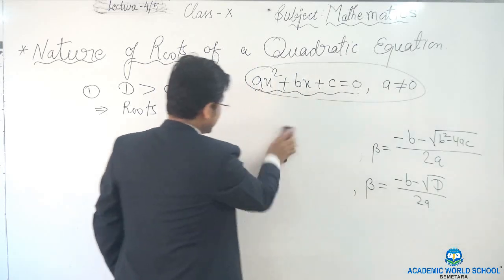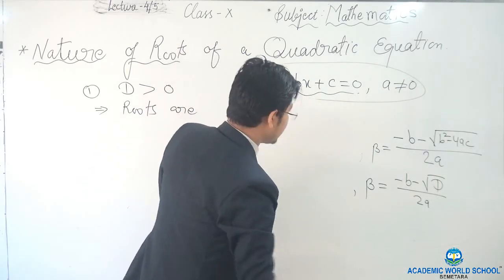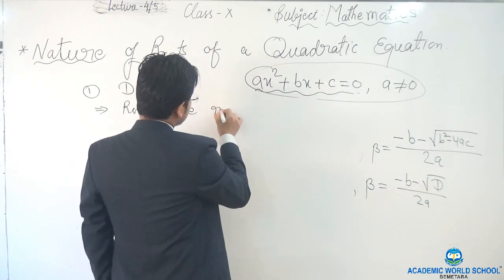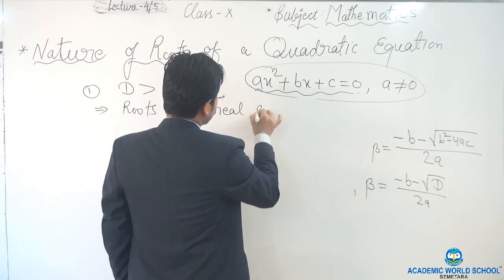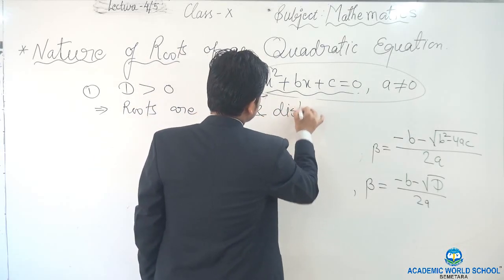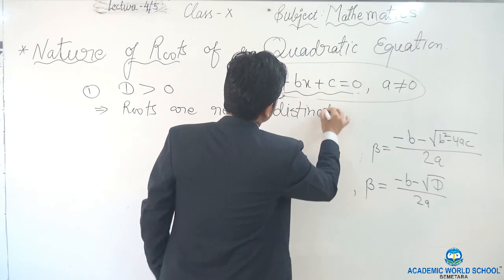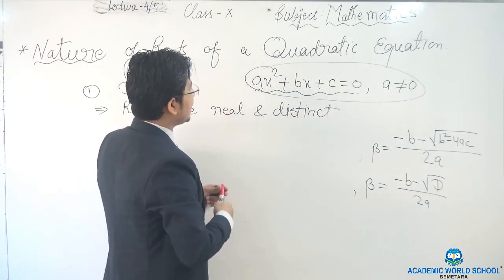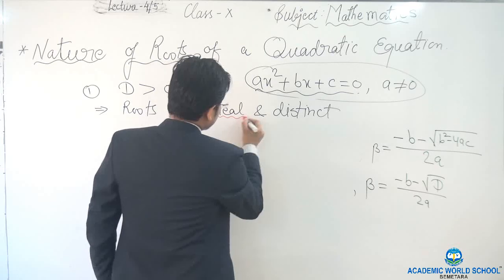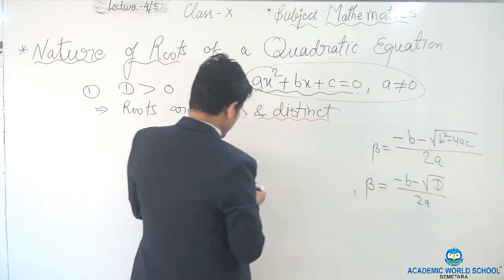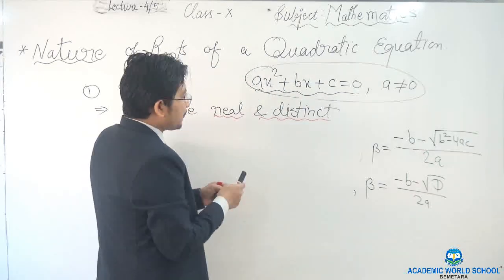Real and distinct means both will be different. This is a very important term, real and distinct. So there will be two different roots.